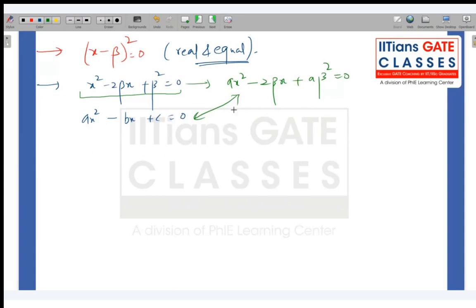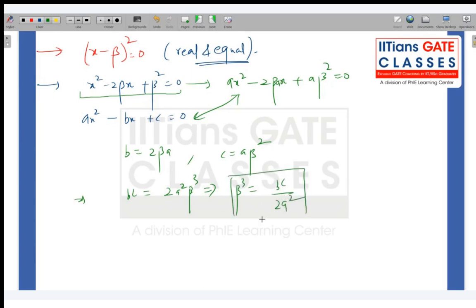Can you tell me what b is? b is going to be 2 beta a, and c is going to be a beta square. Now multiplying, bc equals 2a square beta cube, so beta cube is going to be bc by 2a square.